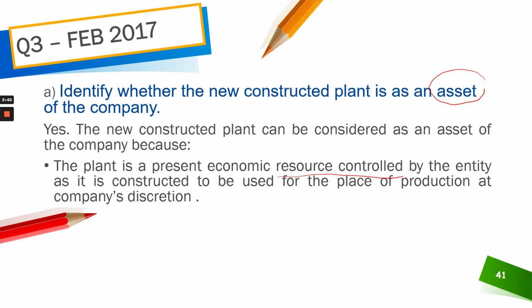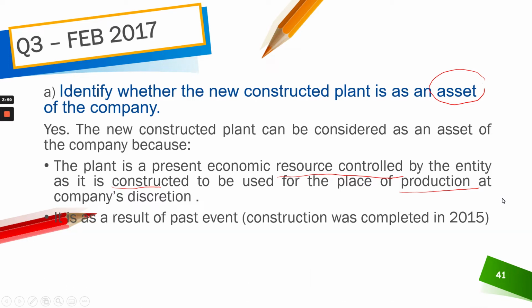Why? Because it was being constructed and later it will be used for production. And here it was a manufacturing plant, so it was used for the production or manufacturing process. Then you have that it was at the discretion of the company. It was as a result of past event.